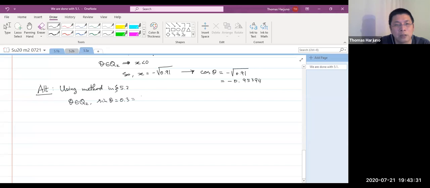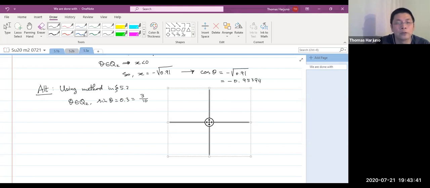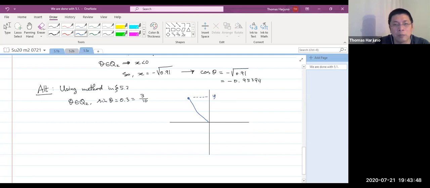Now I will rewrite this as 3/10. Then I don't look at that from the unit circle point of view. I just see that as a coordinate where the y is 3, the hypotenuse is 10. So what's the x?